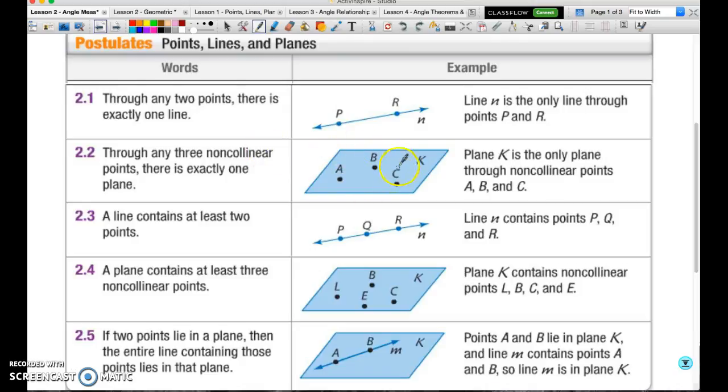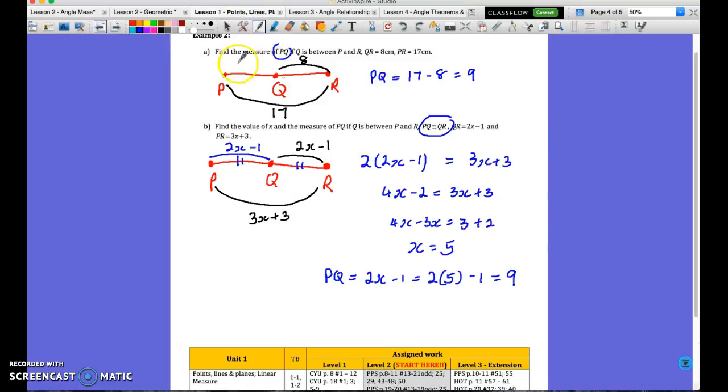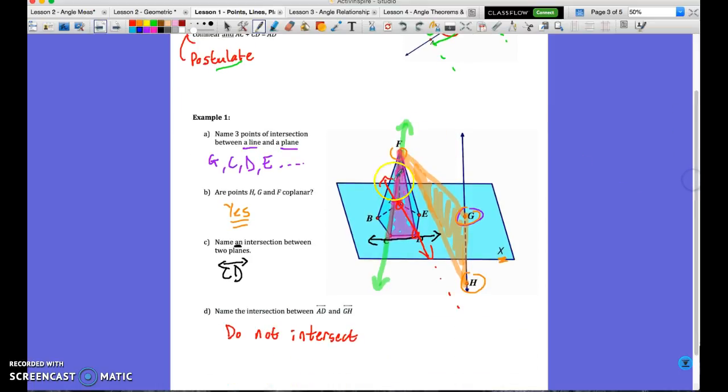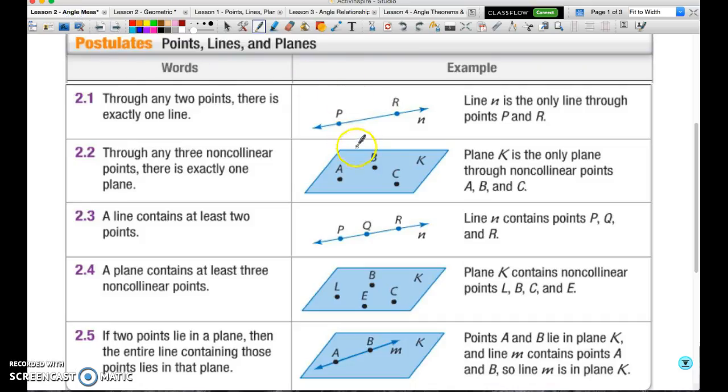And this was actually something that we alluded to in one of the examples in the previous lesson. Let me jump back to that for just a moment and try to remind you. This was the example in which we had points F, G, and H, and we were able to establish that there is a plane that passes through those 3 points, and that is affirmed by this postulate that says through any 3 non-collinear points there is exactly 1 plane.